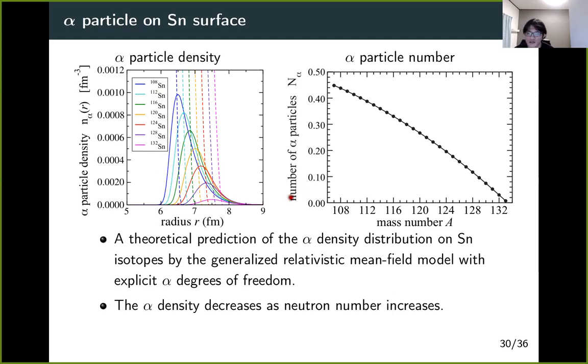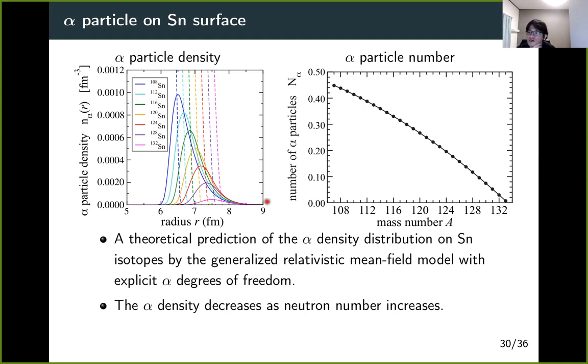This is the same thing, but integrated over the volume: the number of alpha particles versus mass number of the tin isotopes. They vanish around here and increase as we go to the proton-rich side, close to N equals Z, tin-100.